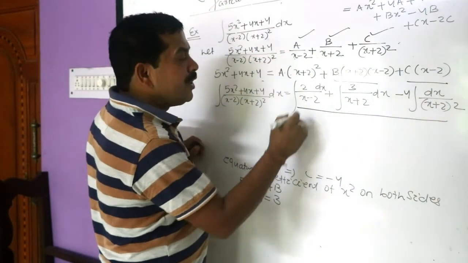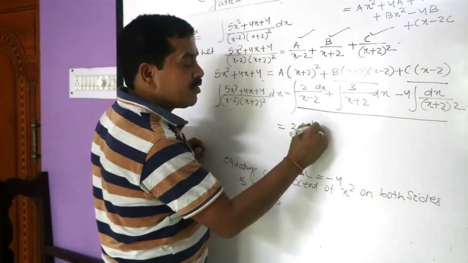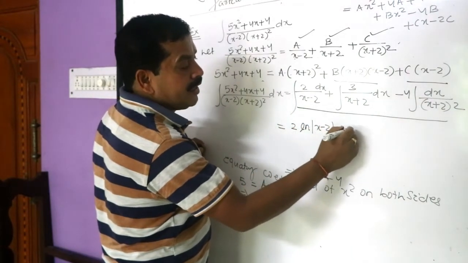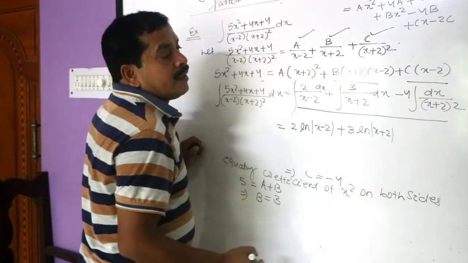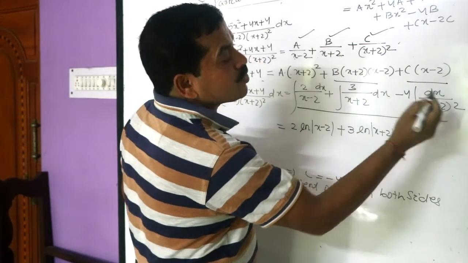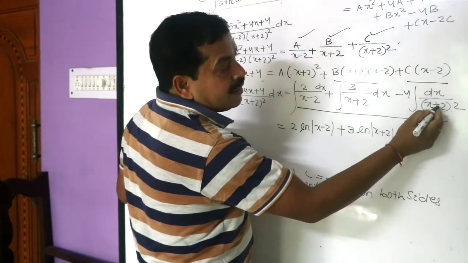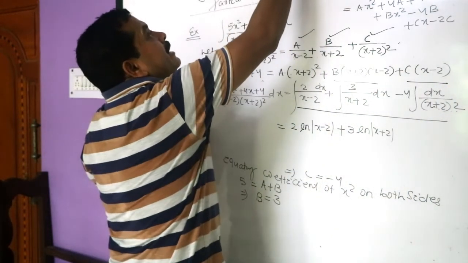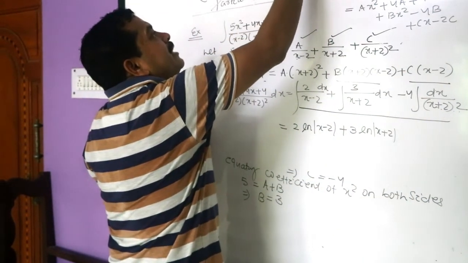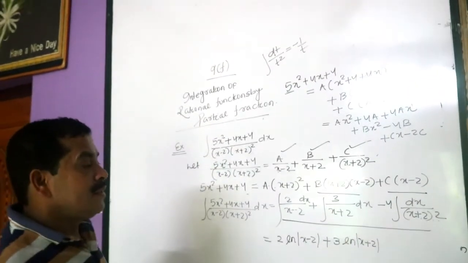That is equal to 2 into the integration of dx by (x minus 2), which is log mod (x minus 2), plus 3 into log mod (x plus 2). Then we have dt by t square, if you take x plus 2 as t. Integration of dt by t square is equal to minus 1 by t.